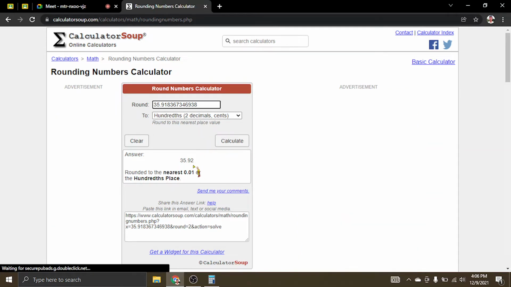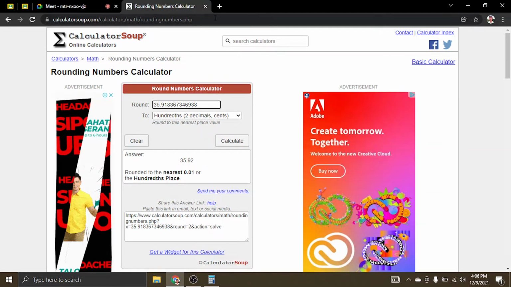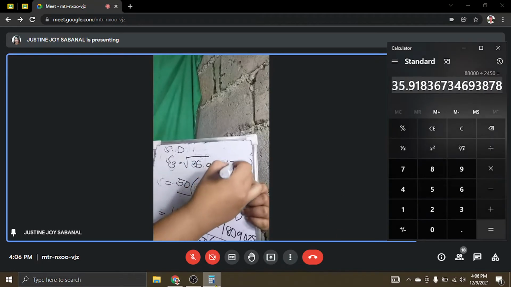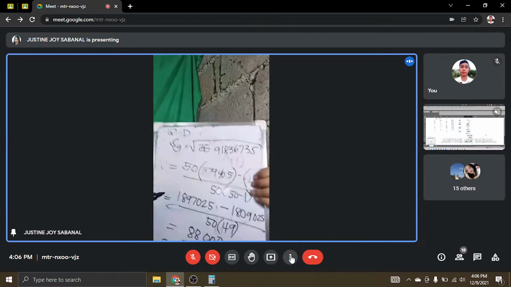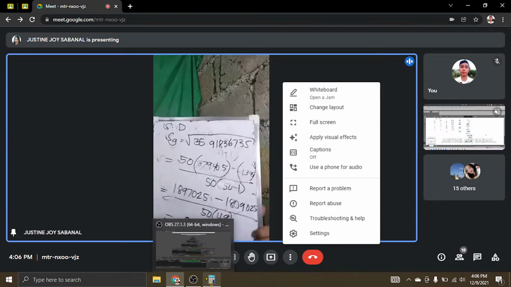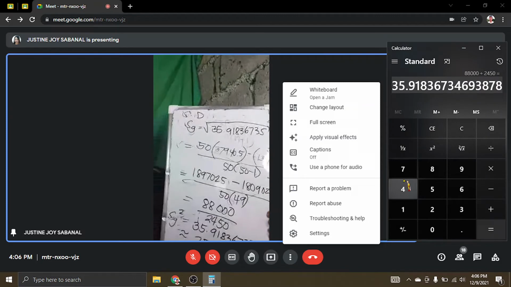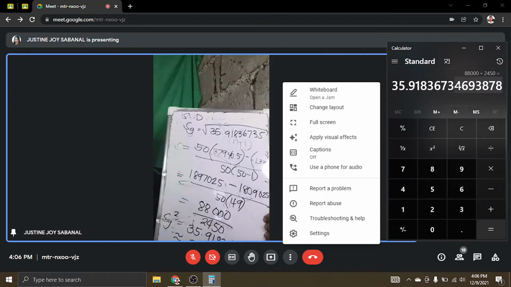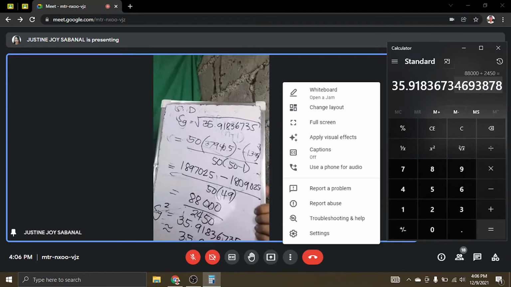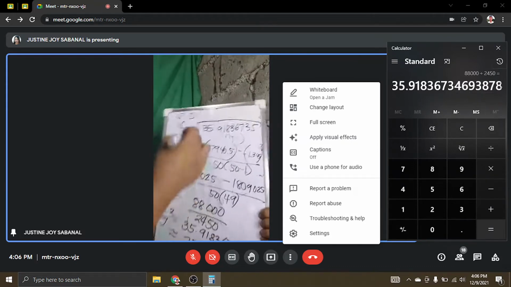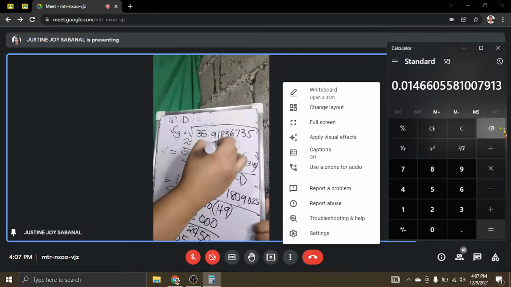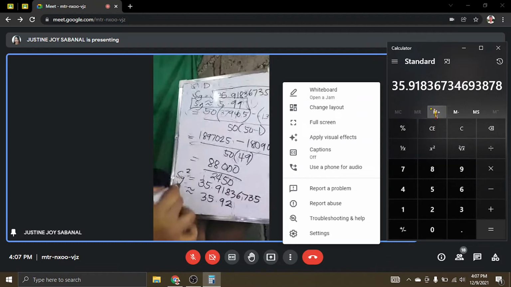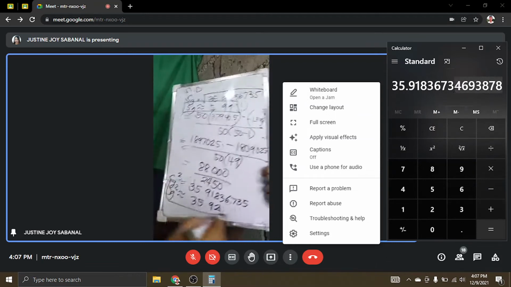We have S sub G is equivalent to square root of 35.91836735. So ano po yung value niya? So we have approximately 5.99. So standard deviation, and this is the variance.